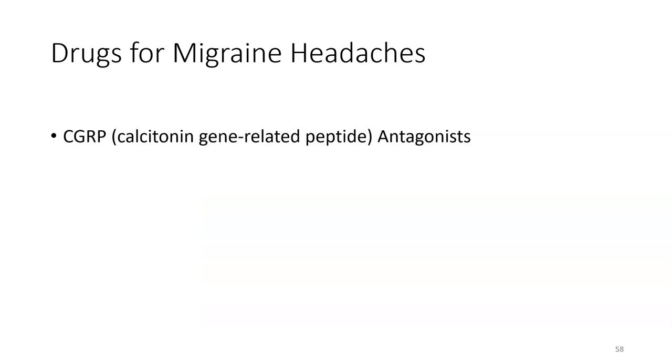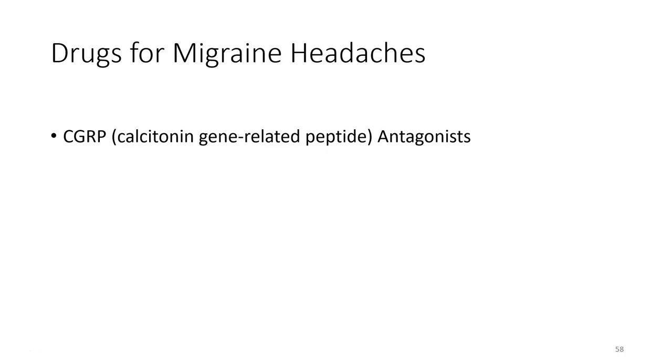The newer group of drugs, which have been around probably about 5 years or so, are the CGRP antagonists. CGRP stands for calcitonin gene-related peptide. So this is a chemical that activates a migraine, so we're going to block it. We're going to use a CGRP antagonist.